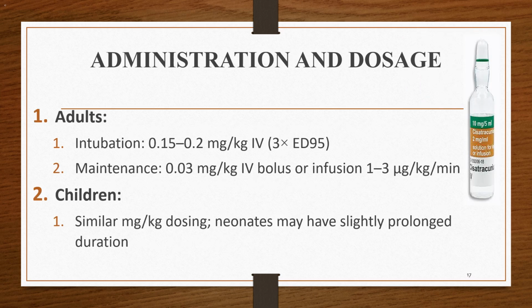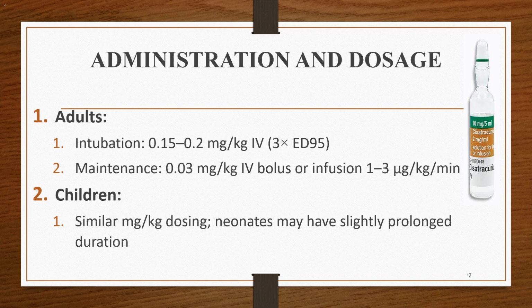Administration and dosage of Cisatracurium. 1. Adults. 1. Intubation. 0.15–0.2 mg per kilogram IV. This is the typical dose for muscle relaxation to help with breathing tube placement. 3 times ED95. This dose is about 3 times the effective dose for 95% of people. 2.